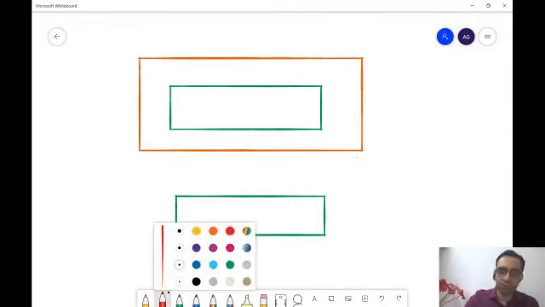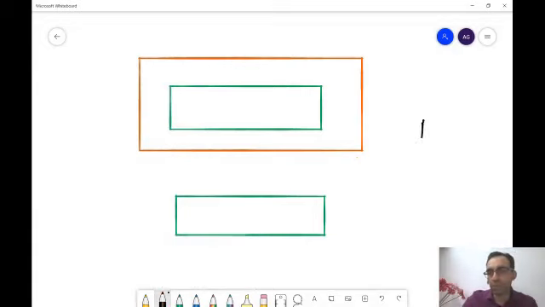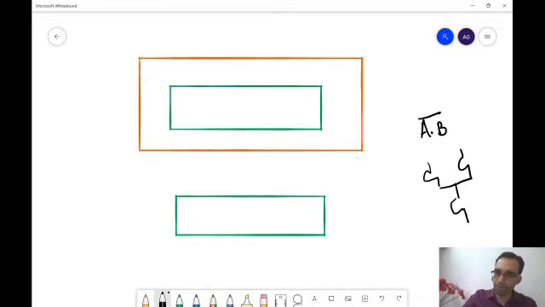So now let us say we have to make the functionality of A NAND B. So what is the circuit? 2 series NMOS and 2 parallel PMOS. Something like this.